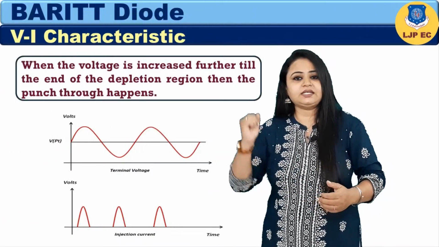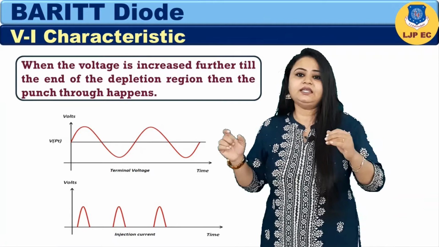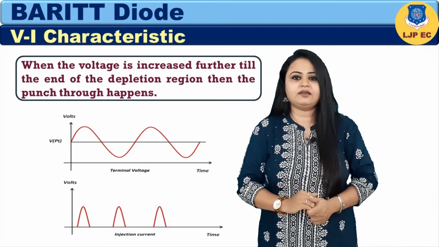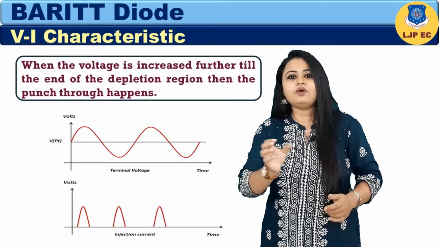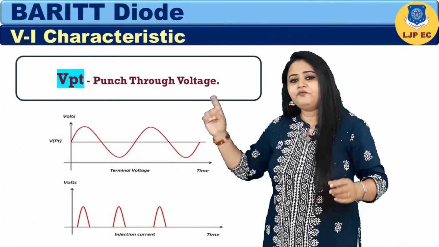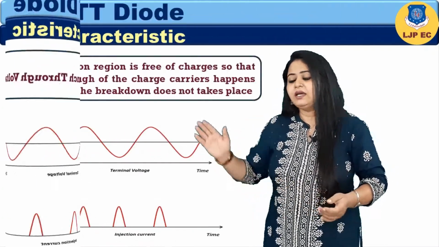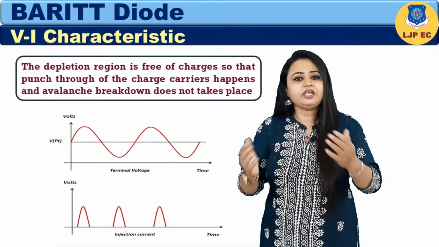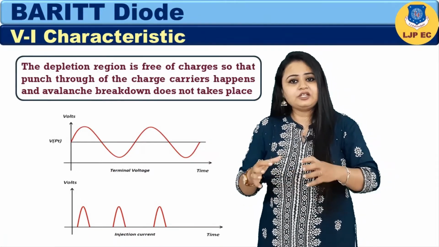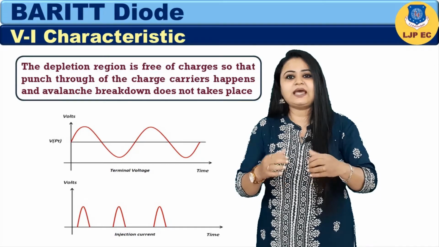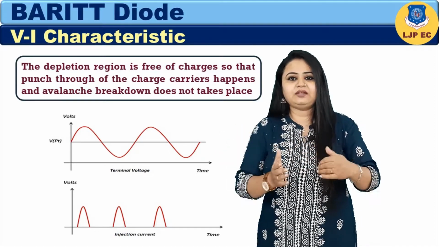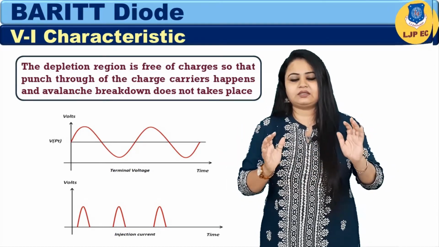When the voltage is increased further till the end of the depletion region, then punch-through happens. VPT is punch-through voltage. The depletion region is free of charges. So punch-through of the charge carriers happens and avalanche breakdown does not take place.